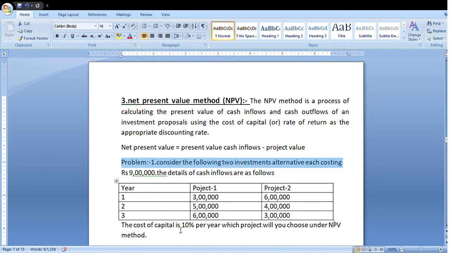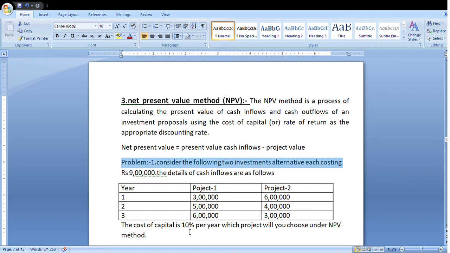The cost of capital is 10% per year. Which project will you choose under the net present value method? This is the cost of capital or discount rate.